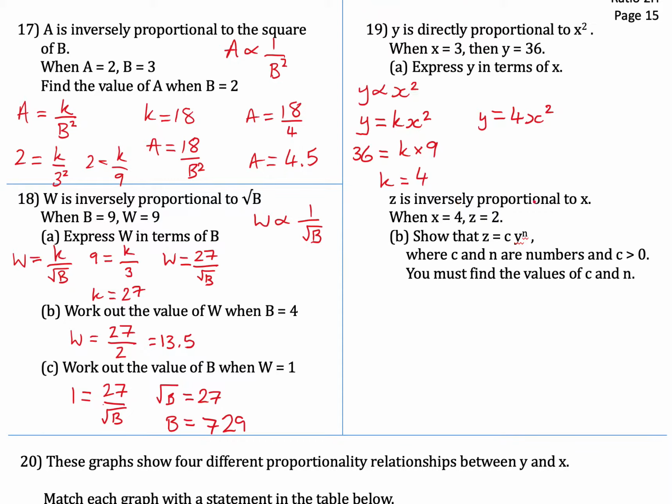Z is inversely proportional to x, and this is part B. We're talking about the same x here. So Z is inversely proportional to x, when x is 4, z is 2. So first going to write that as an equation.